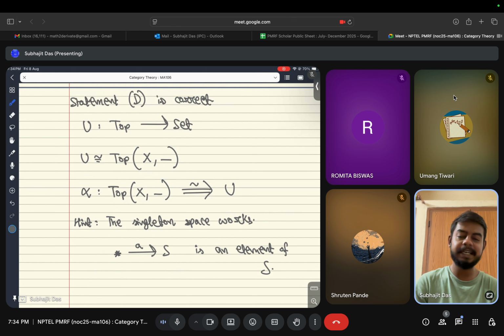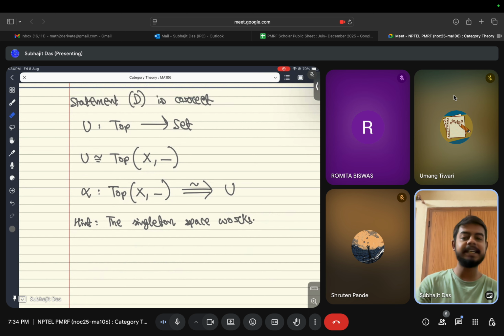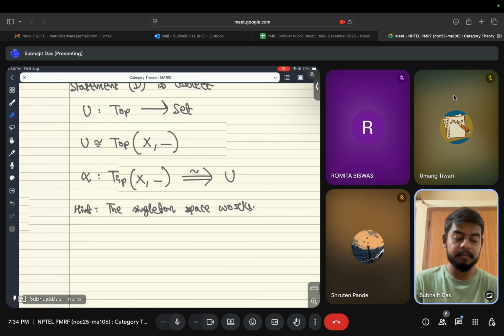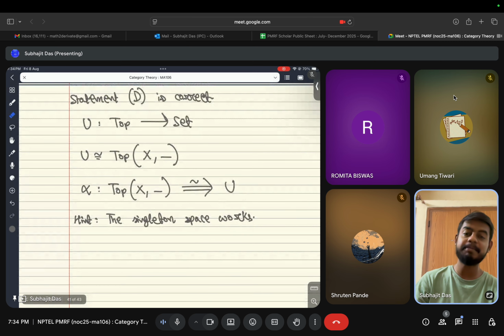And every map from the singleton to S is automatically continuous. Yeah, the singleton space works. So try to fill in the details. I'm sorry, I had something else in mind for the singleton space, but that is not applicable here.